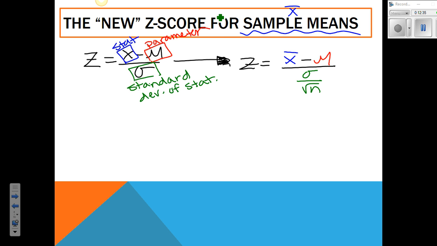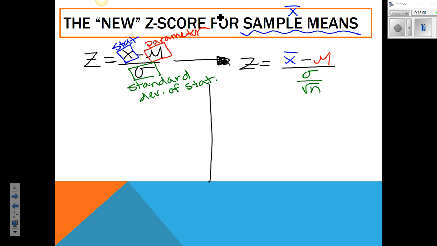So let's talk about some similarities and differences between our old z-score and our new one involving sample means. What's the similarity here? Mu. That just copies over, correct? What's the difference? The standard deviation is divided by the square root of n, instead of just being normal sigma. And x becomes X bar.